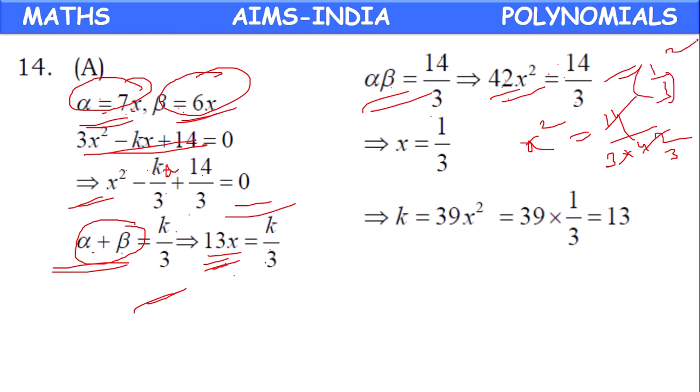Square cancels, x equal to 1 by 3. Here k equal to 13x, 3 into 13, 39x. In the place of x we can keep 1 by 3, so k value is 13.